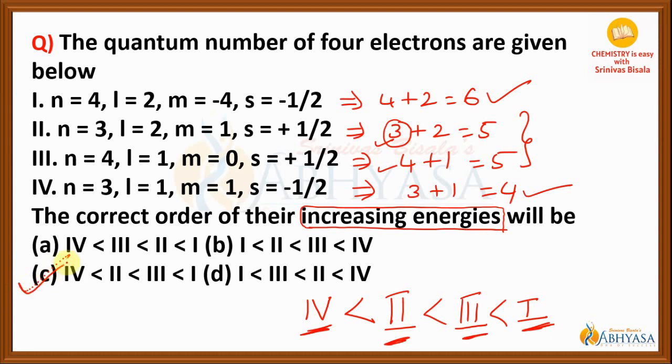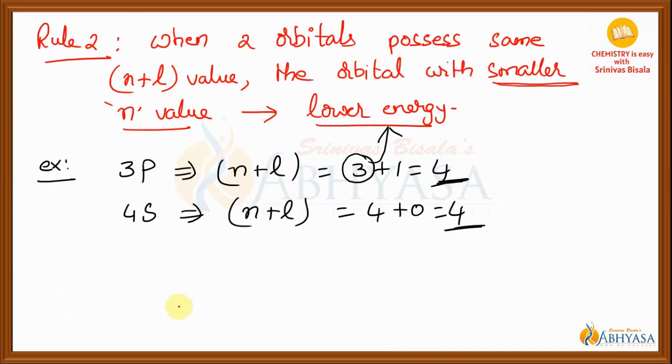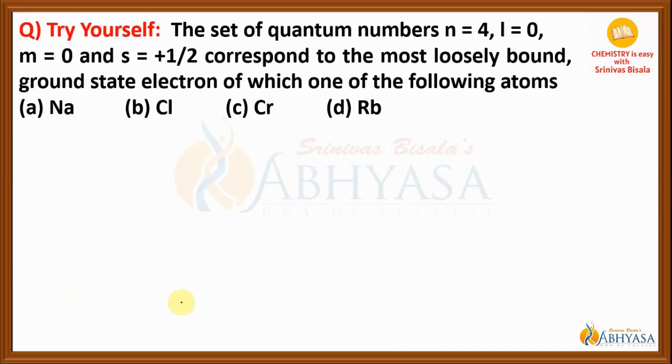Isn't it easy? Now, based on this one, you can try one more objective of similar pattern. Here it is. The set of quantum numbers n equal to 4, L equal to 0, m equal to 0 and s equal to plus half corresponds to the most loosely bound ground state electron of which one of the following?